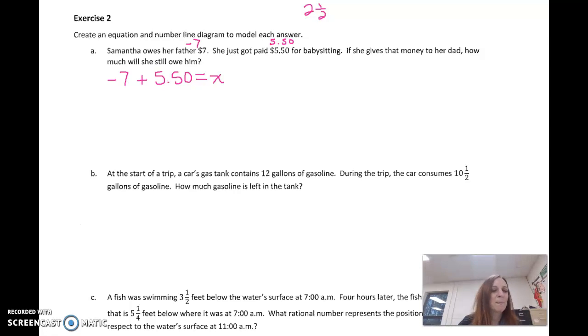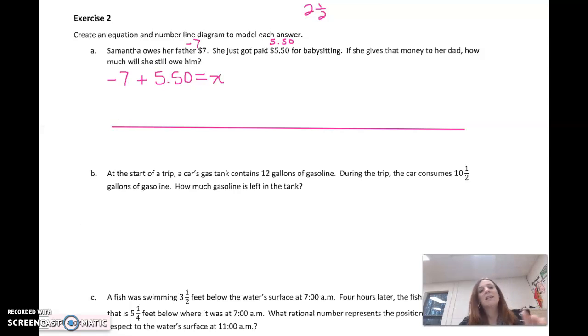So just sketch. I know I have this ability to just draw a line like this, but you guys have the ability to draw a straight line, which I can't even do with a tool. And then let's think about what's happening here. We're going to start at the negative 7, and then we're going to take the absolute value of $5.50, positive, going to the right 5.5.